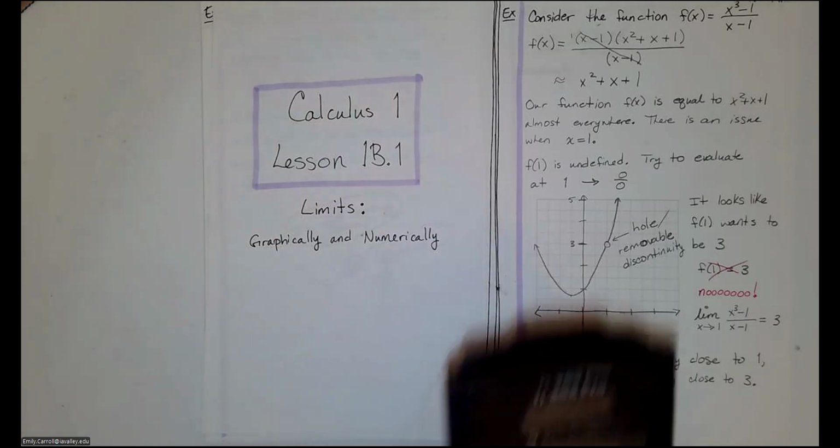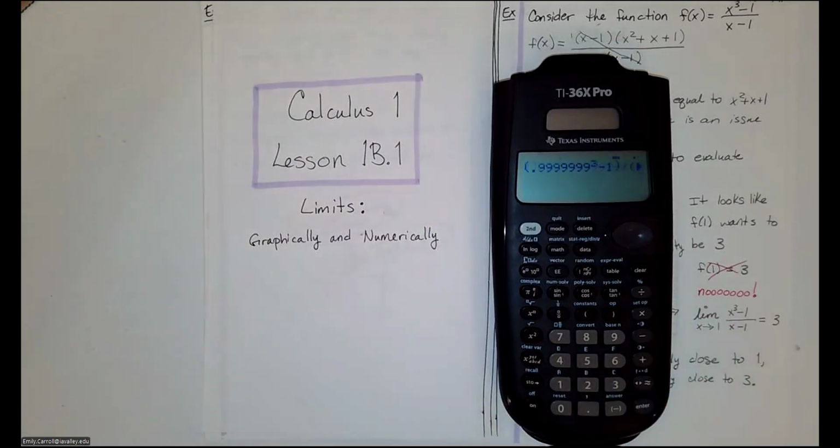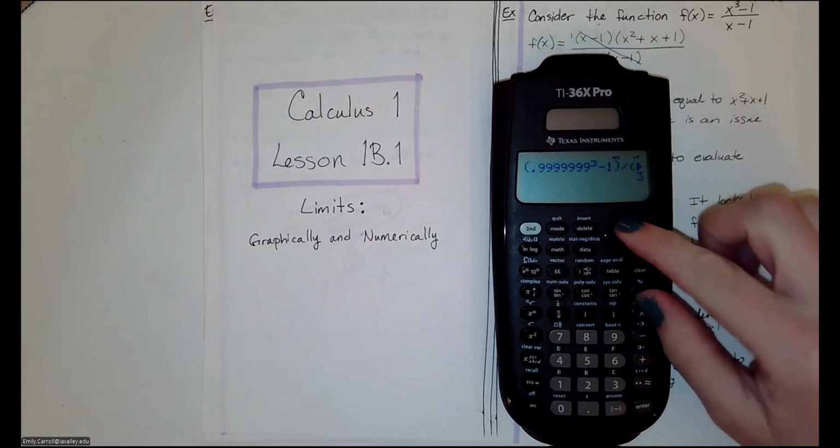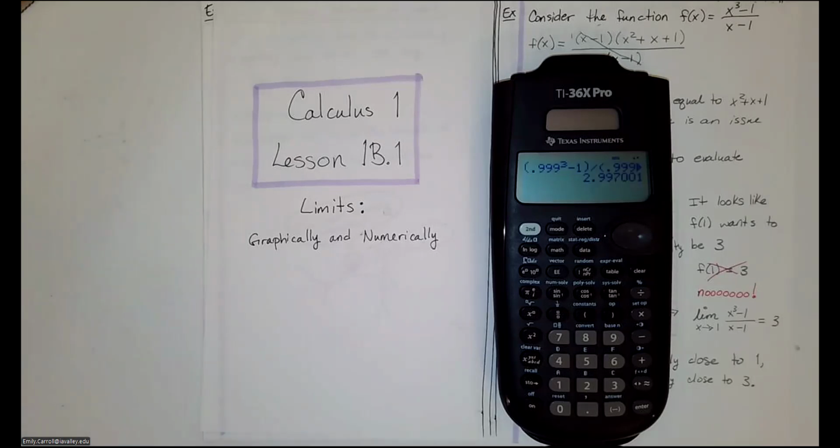So let me pull out my calculator here, and with a little video editing magic, I get, ooh, my calculator says it's so close that it can't even measure the difference between that and 3. So to demonstrate this better, let me do it with fewer 9s. There we go. So 0.999 plugged into that function evaluates to 2.997, really close to 3.